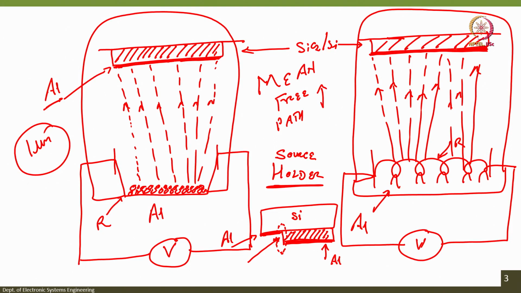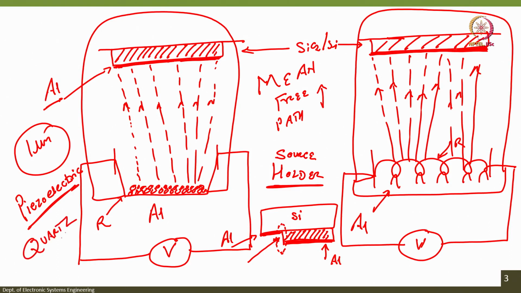So, what we can do is use the principle of piezoelectricity. What is piezoelectric? When there is a pressure, there is a change in the voltage, right. You remember what materials have piezoelectricity. If you recall, there is a material called quartz.